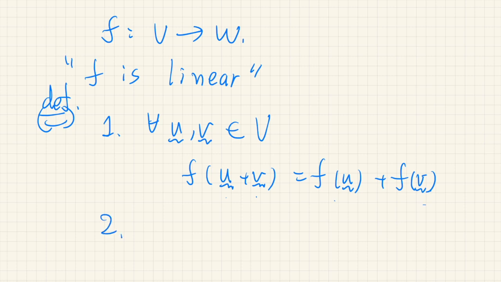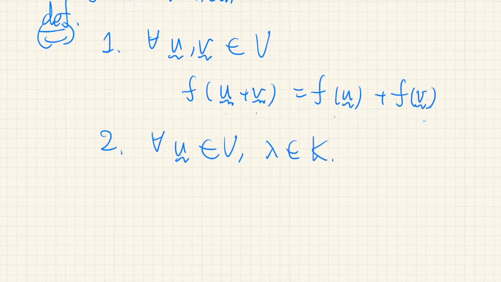And two, for all vectors u in the vector space V and lambda in the scalar set, we have f of lambda u is equal to lambda times f of u. So scalar multiplication is preserved.